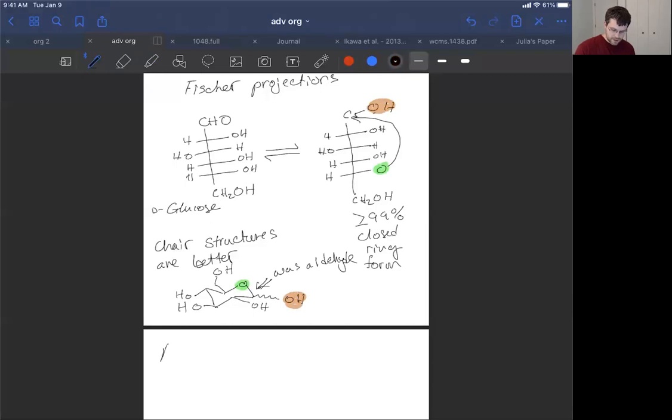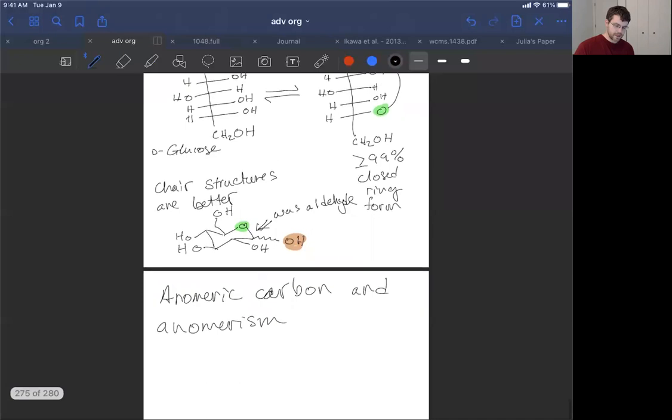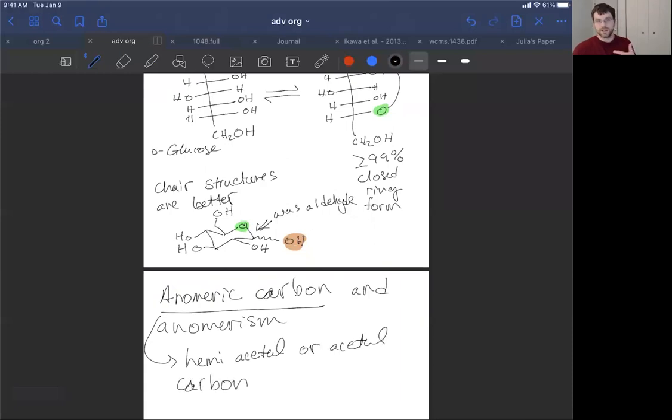So that allows us to define the anomeric carbon and anomerism. The anomeric carbon refers to the hemiacetal or acetal carbon, whether that's in a monosaccharide, a single sugar unit, or a polysaccharide, the polymer of a bunch of monosaccharides.